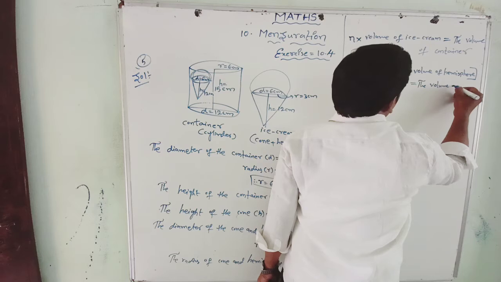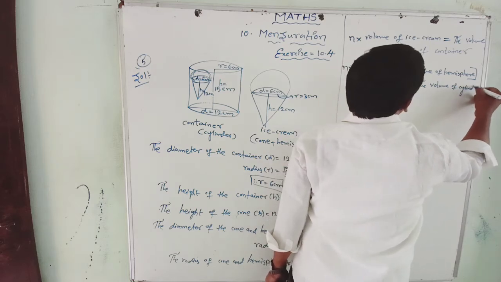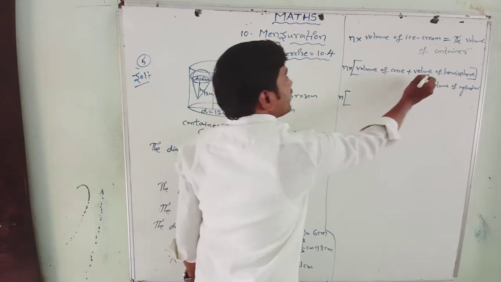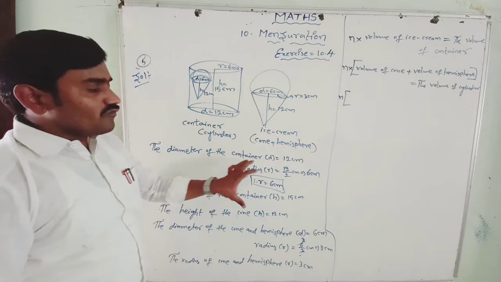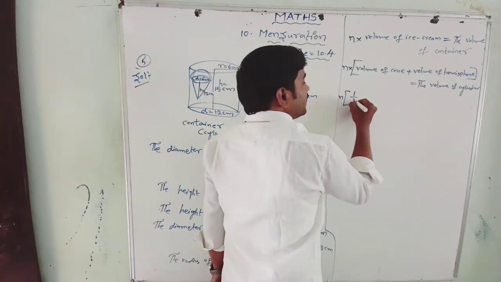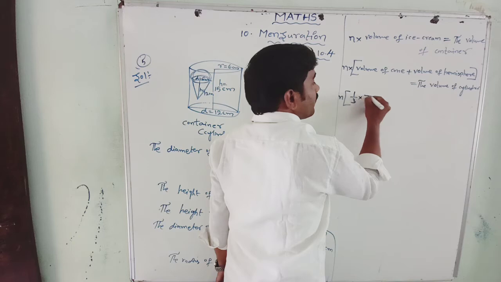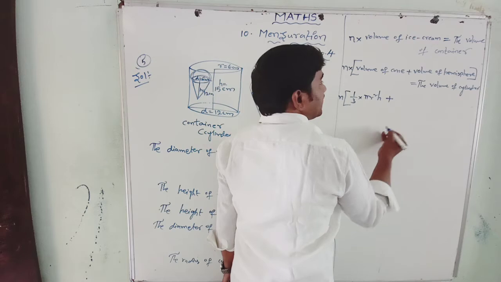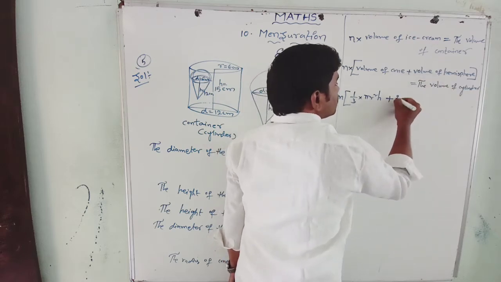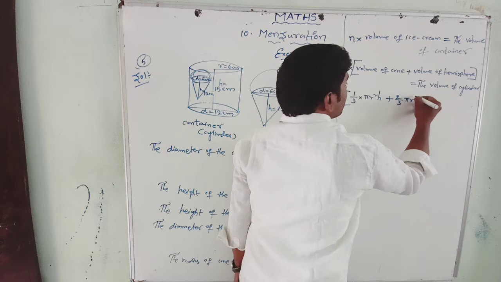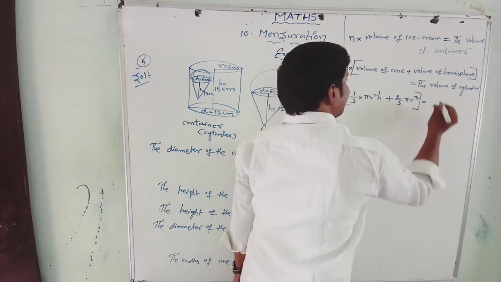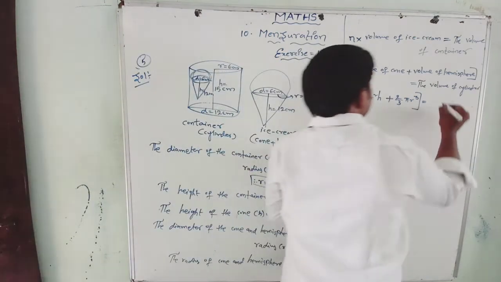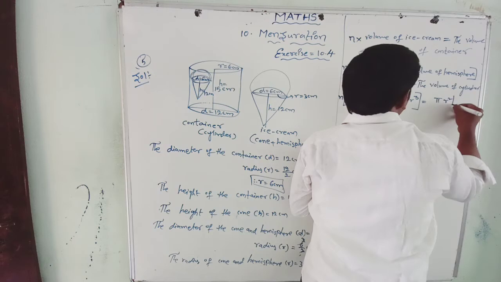The volume of cone formula is 1/3 pi r square h, plus volume of hemisphere 2/3 pi r cube, that equals the volume of cylinder, formula pi r square h.